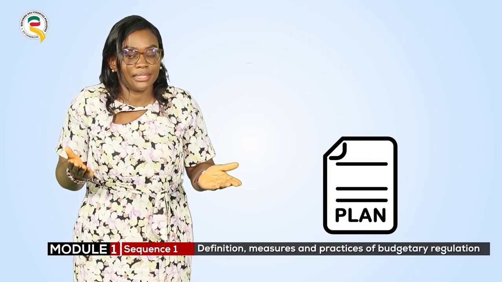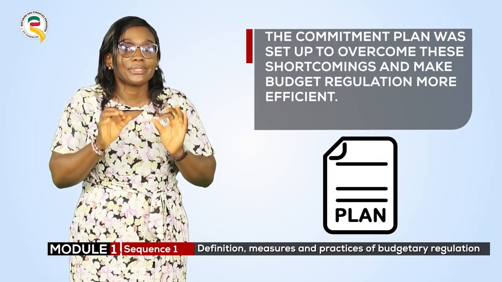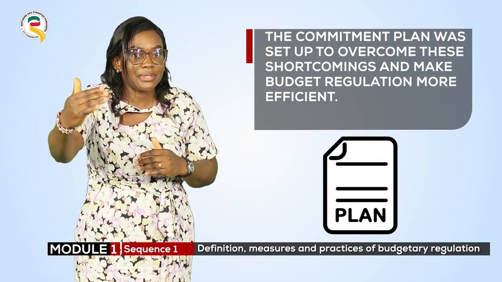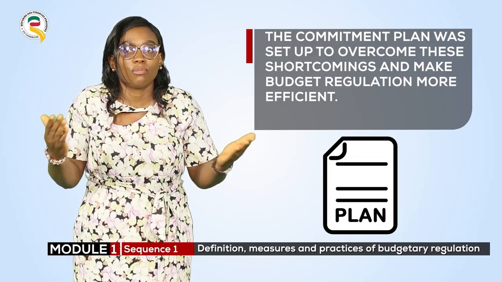The commitment plan, which is part of the cash position plan, was set up to overcome these shortcomings to make budget regulation more efficient.